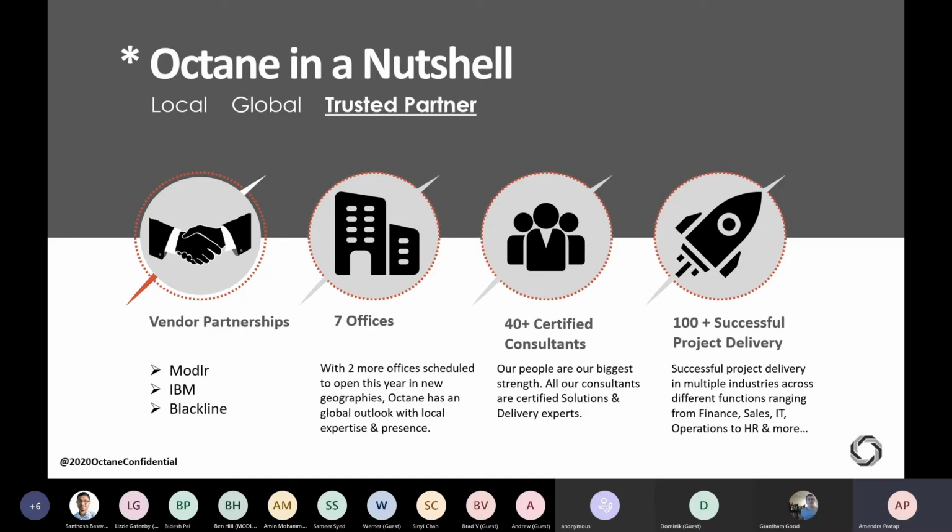We've got 40 plus consultants and 100 plus project deliveries since we started. A bunch of very passionate people in this space, so we'd be happy to discuss more about what we do at a later stage.